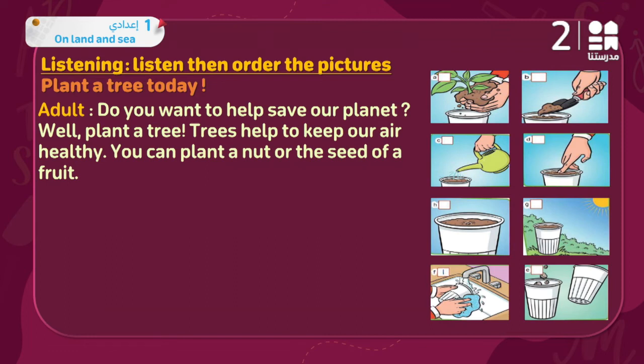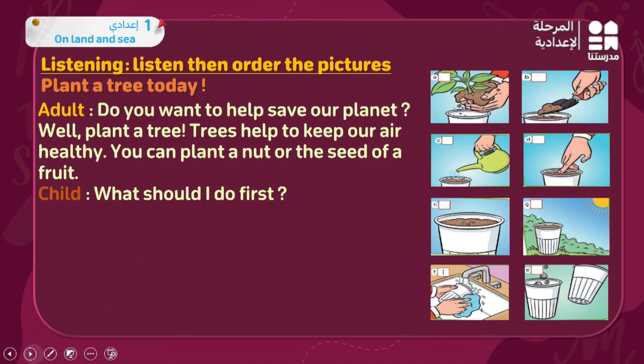The simplest way to save our planet is to plant a tree. Trees help to keep our air healthy. You can plant a nut or the seed of a fruit. What should I do first?